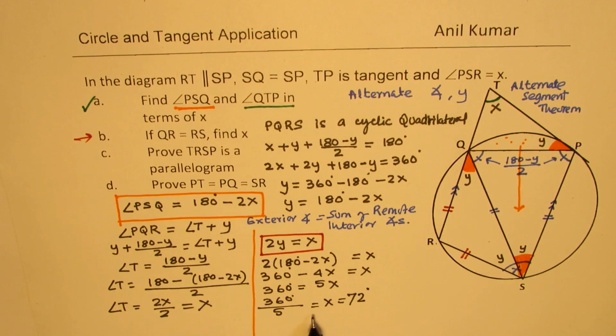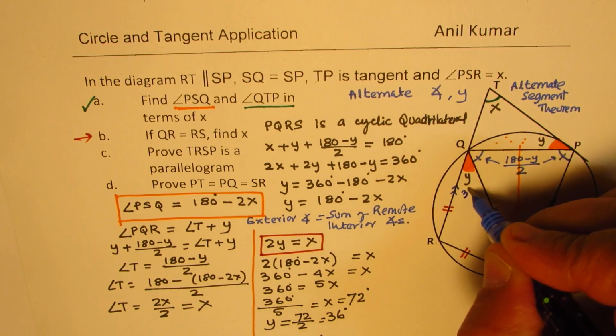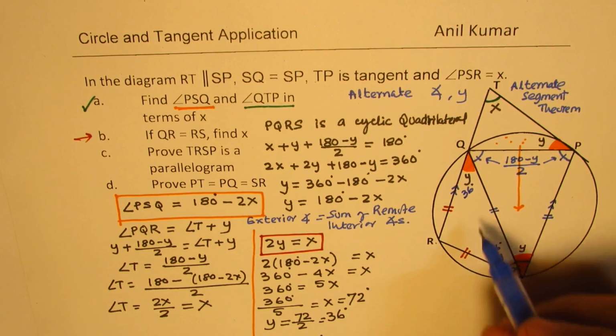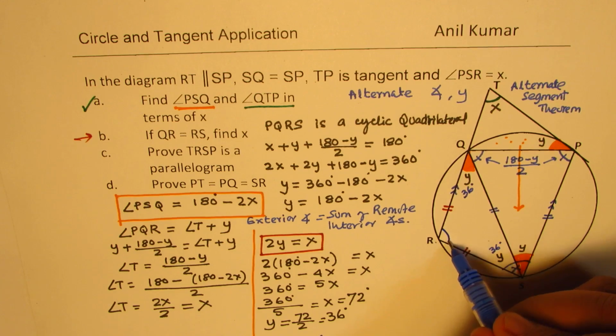So we get the value of x as 72, and so we also get the value of y, which is half of x, 36 degrees. So we get x and y both from our calculations, right? So we have this value as 36 degrees. This value is also 36 degrees. So in the triangle, what is this angle R?